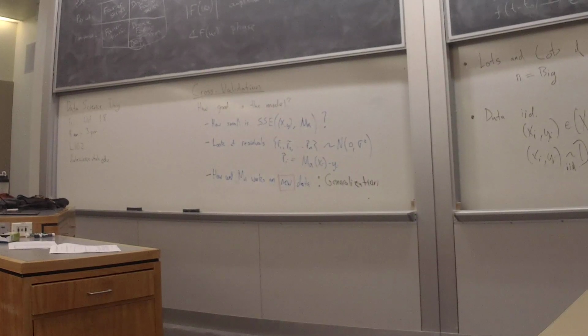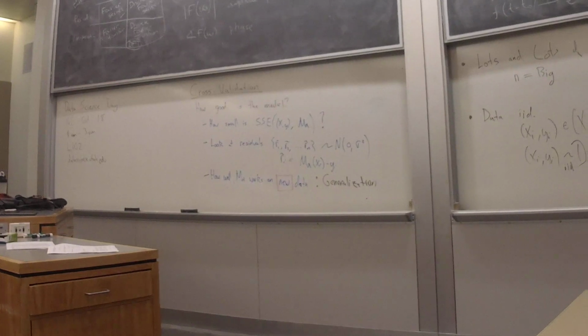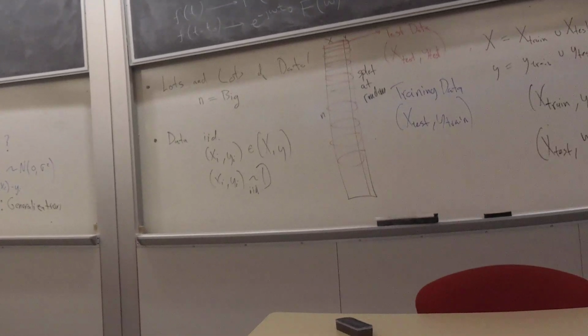Okay. So let me make this a little bit more concrete, what we're actually doing. I'll make it concrete on the board without actual numbers. It's hard to write numbers on the board, but we'll do an example on the computer.